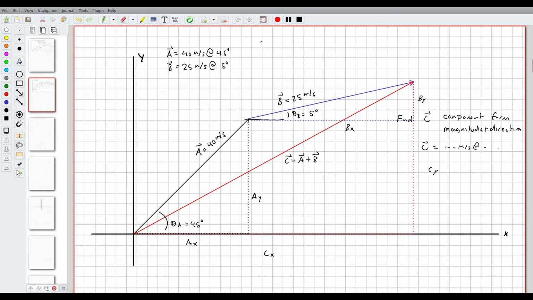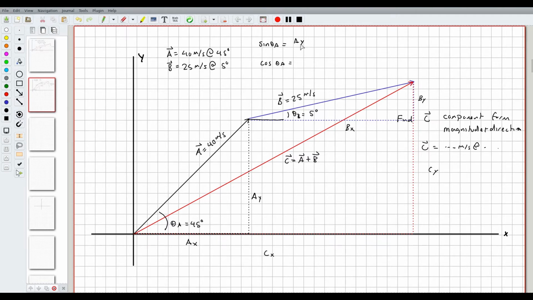We have sine of theta sub A and cosine of theta sub A. Now, sine of theta sub A is going to be related to opposite over hypotenuse.